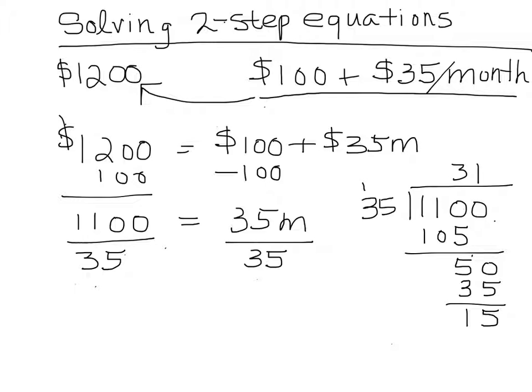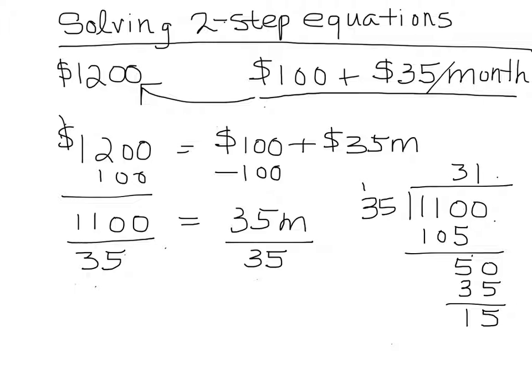And so basically I know that in 31 months, I'm almost going to have paid $1,200. In 32 months, I will have paid $1,200 and then some. So I will go over $1,200 at 32 months. So what does that mean?